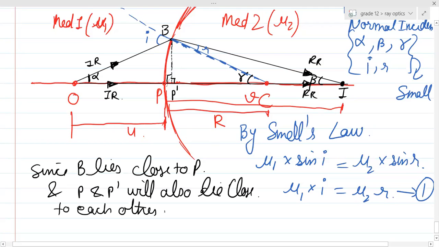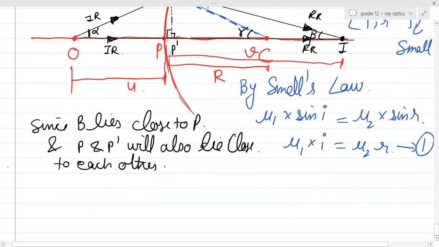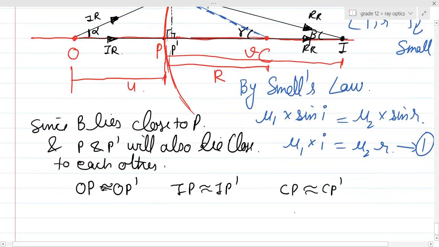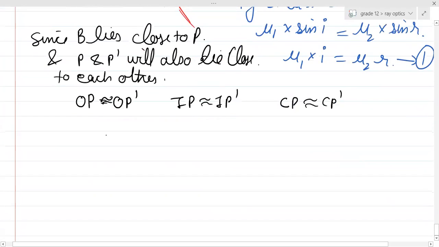So can I say all the distances from P can be measured from P dash as well? OP is equal to OP dash approximately, IP is equal to IP dash, and CP is equal to CP dash. Yes or no?